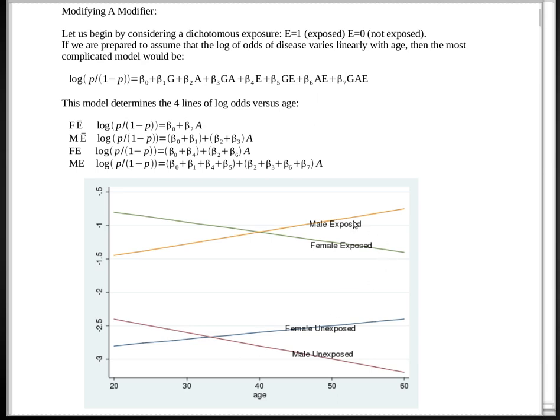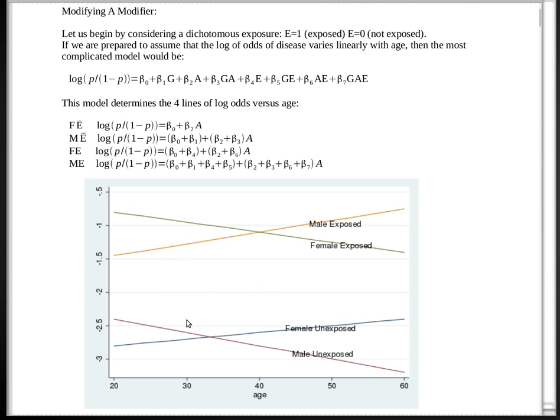Now we see we have this number compared to this number. And notice, by exploring what's happening with the 30-year-olds and the 50-year-olds, we can see that the vertical distance is increasing with age.